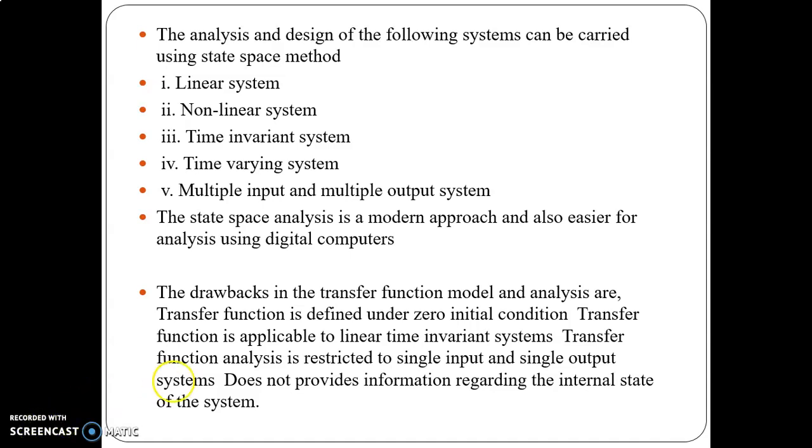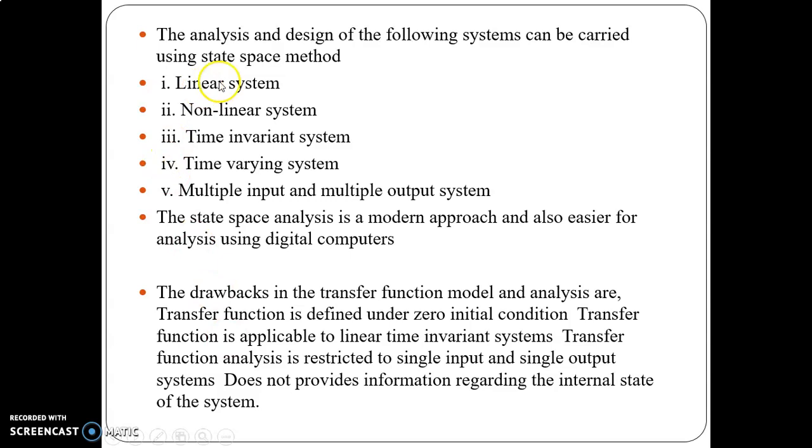In the transfer function method, which you studied in the first two units, there are two conditions. First, it is only applicable to linear time invariant systems. Second, the initial condition should be 0.